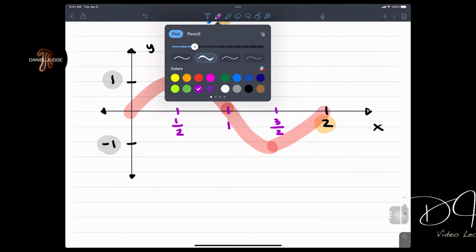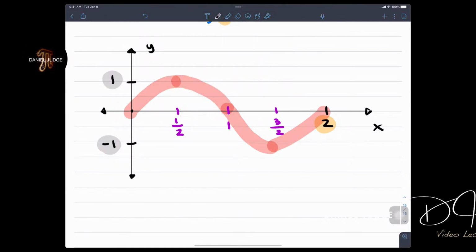We're going to reflect every point about the x-axis. So if a point's on the x-axis, you can't reflect it anywhere. It's still on the x-axis. Down at the minimum, on the x-axis, back at the maximum, down here on the x-axis. Now this is going to be, ladies and gentlemen, the minus sine curve.